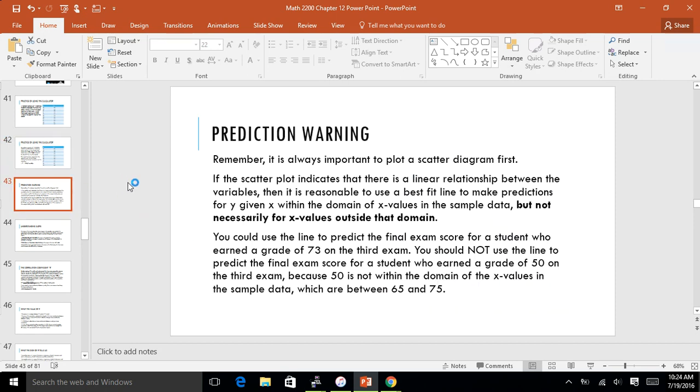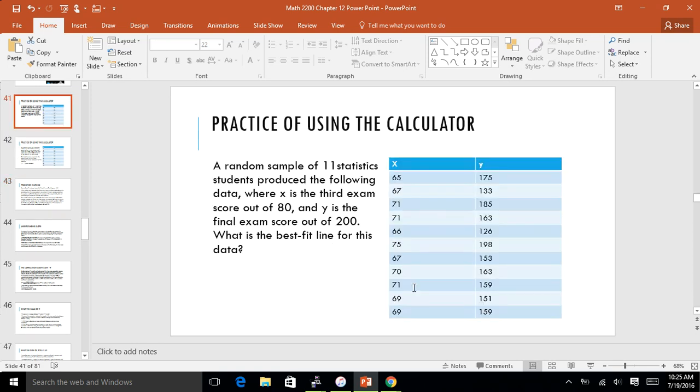Remember, it's always important to plot the scatter diagram first. If the scatter plot indicates there's a linear relationship between the variables, then you can make the line of best fit. But it's not necessarily valid for all the x values outside that domain. Think about it this way. On the last example, I could predict a grade of 73 because my data ranged from 65 all the way to 75.